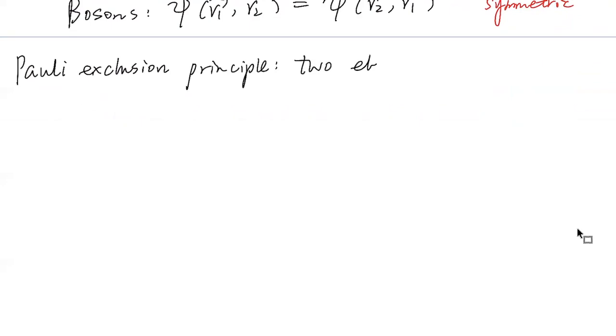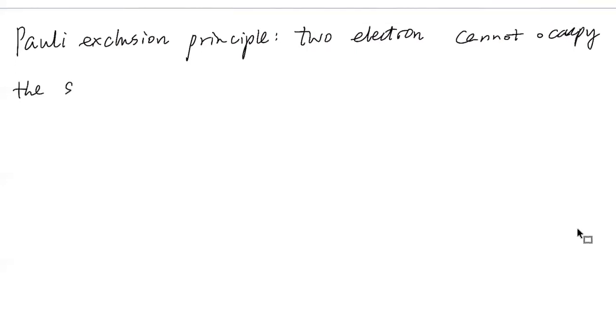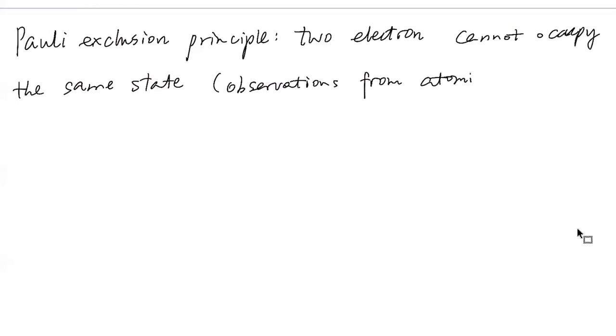Two electrons cannot occupy the same state. This is actually summarized from the observations of atomic spectra. This is an experimental fact.